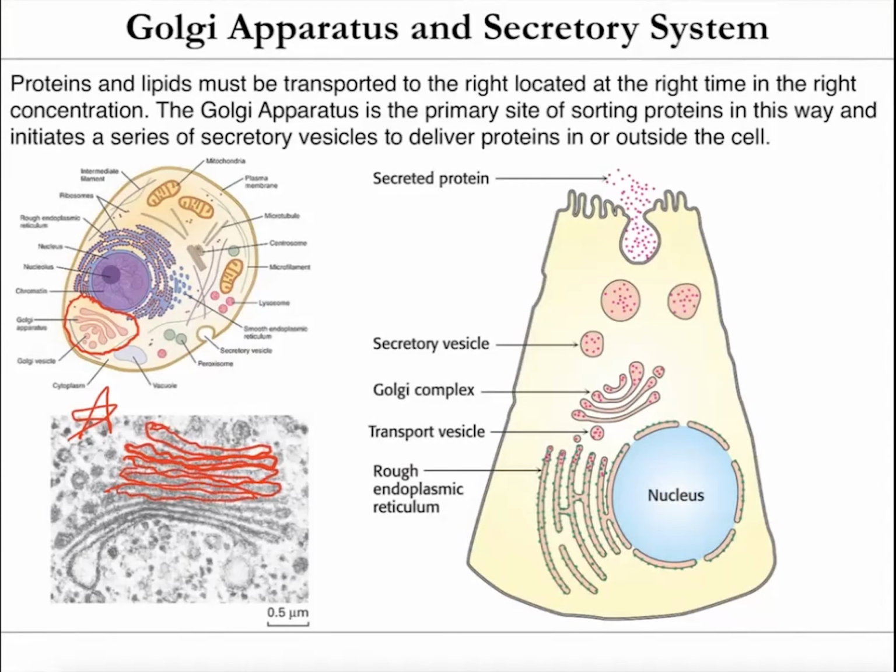Proteins that are being synthesized in the rough endoplasmic reticulum are transported through vesicles to this side of the Golgi apparatus, which I believe is called the cis side. Those proteins are then processed and sorted through the Golgi apparatus, and they move to the trans side. Then they'll be put into secretory vesicles.